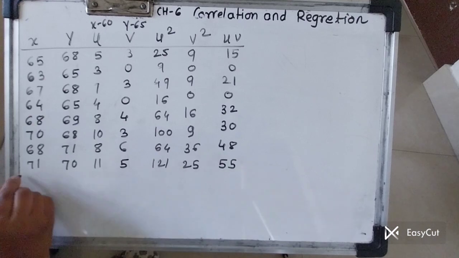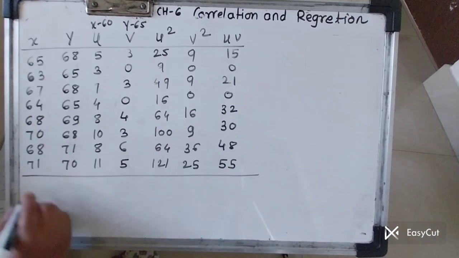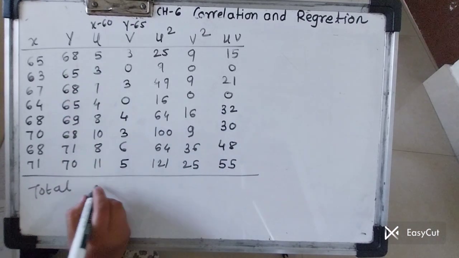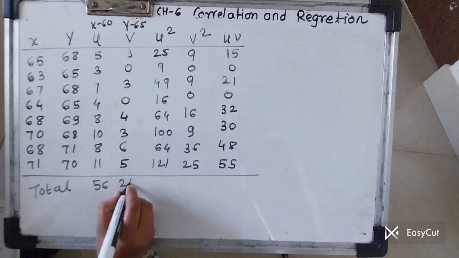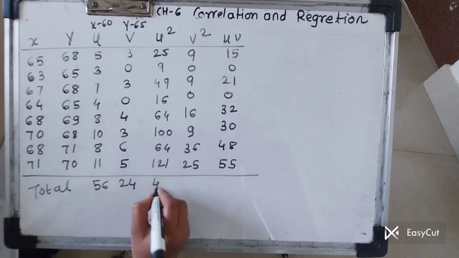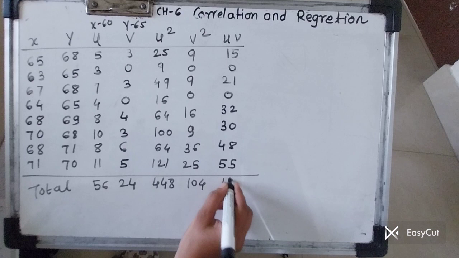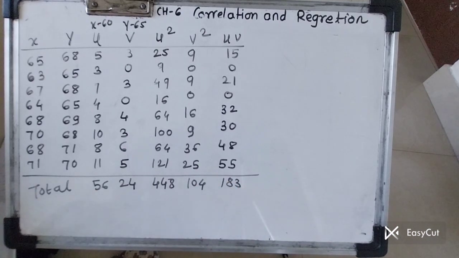We require the totals. Total of u is 56, total of v is 24, here 448, here 104 and 183. Put all values in the formula.